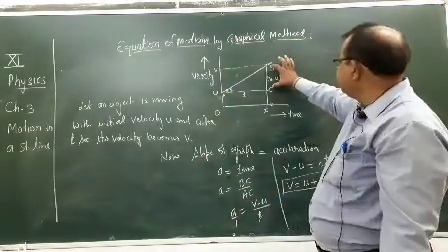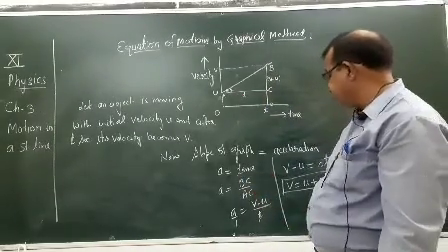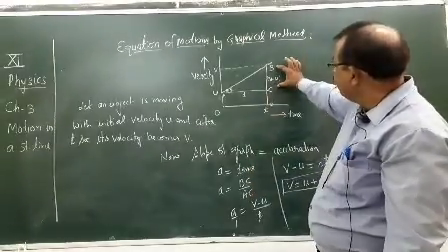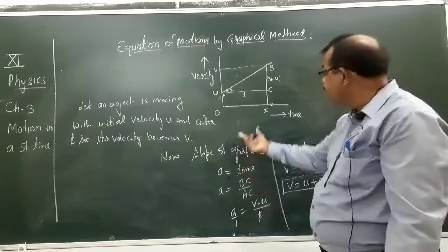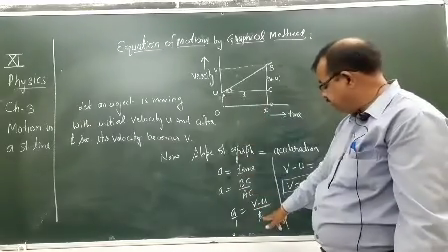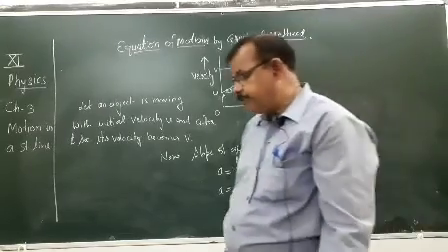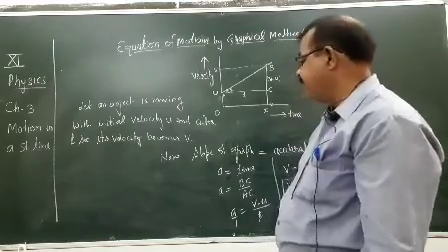So here perpendicular is BC and base is AC. So BC upon AC. Now putting the value of BC, v minus u, and AC is t. So in denominator it is t. On cross multiply, we will get first equation of motion, v equals to u plus at, right?